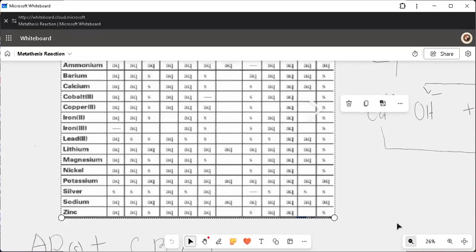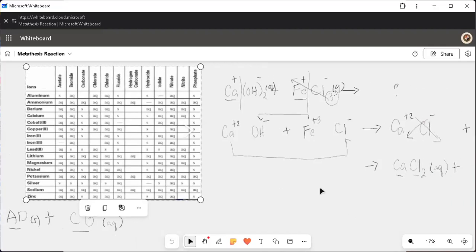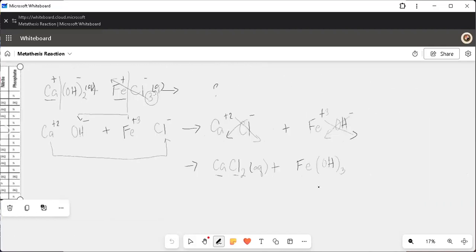So we have this one. Okay. So you see here the ion with positive 3, this one. And you have hydroxide. So the hydroxide is here. See, hydroxide. So iron 3 and then hydroxide. And you see here S. So meaning the iron hydroxide here is the one that will become precipitate or solid.